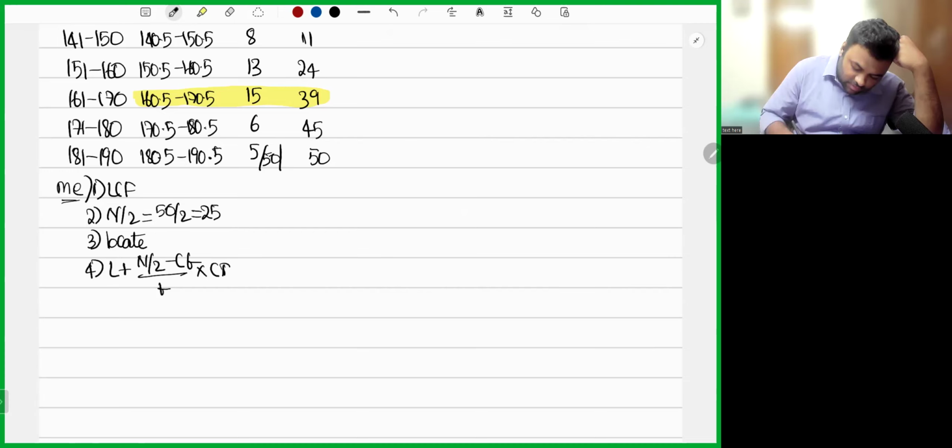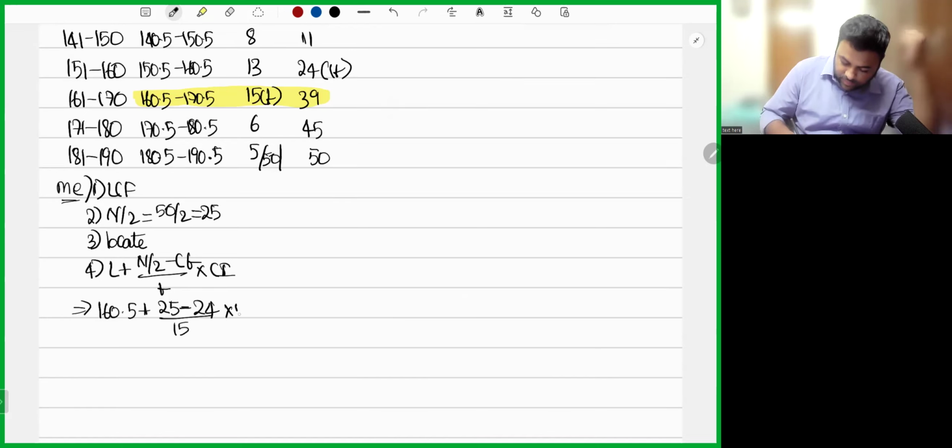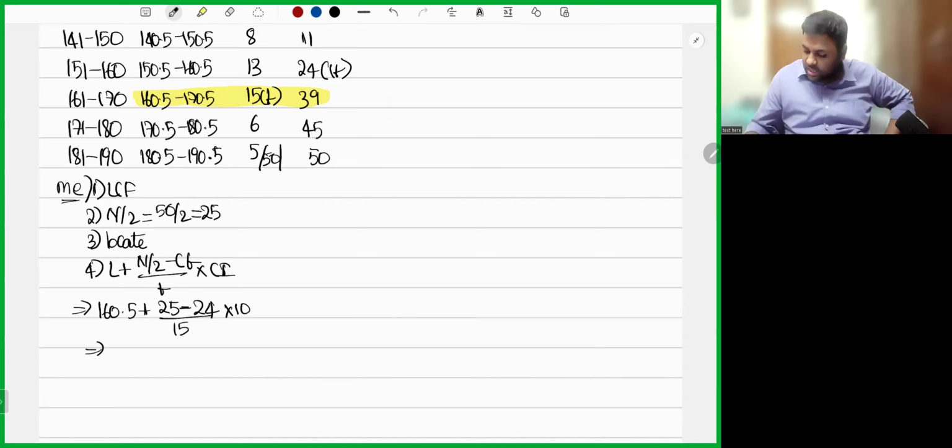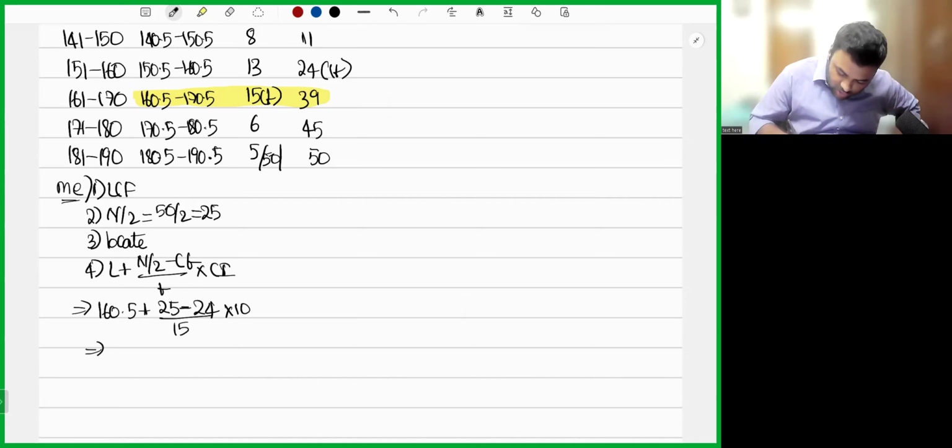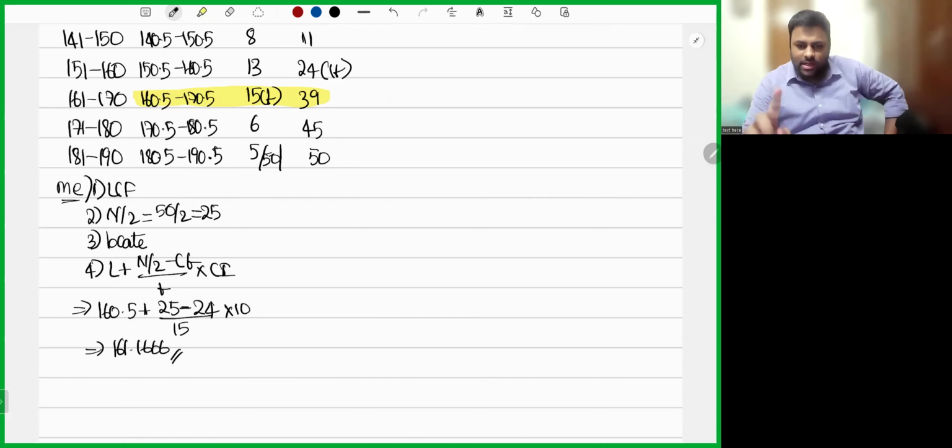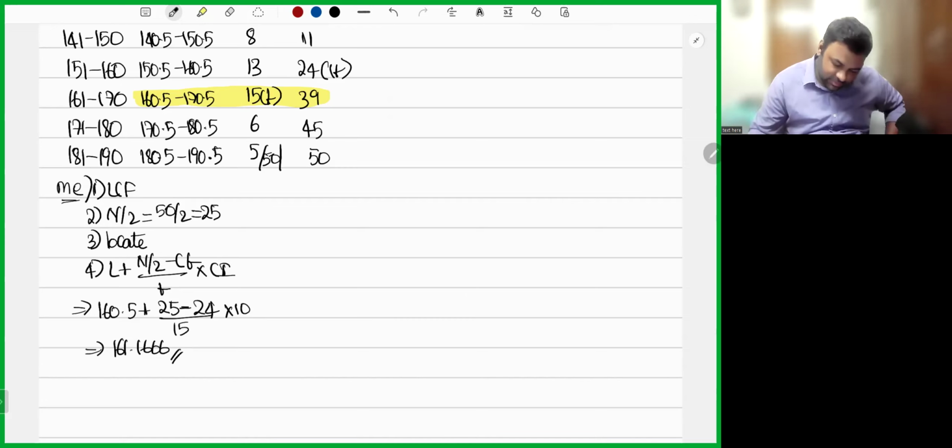L is 160.5, n by 2 is 25, cumulative frequency of previous class is 24, frequency of same class is 15, class interval is 10. Let's calculate: 25 minus 24 is 1, into 10 divided by 15, plus 160.5. So it is 161.1666. Simple.